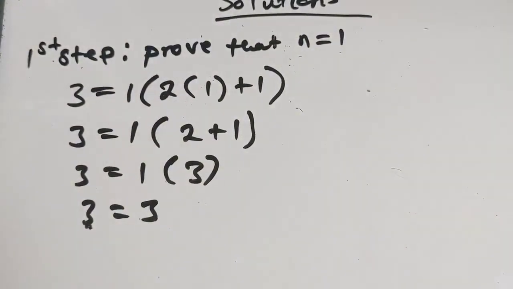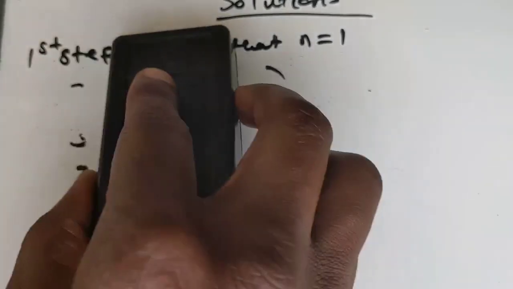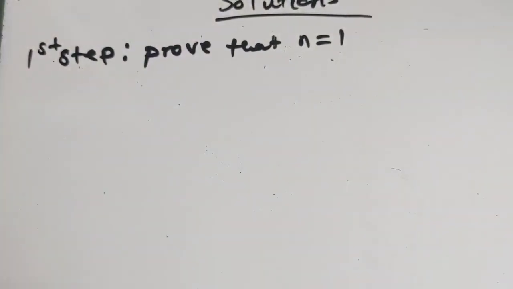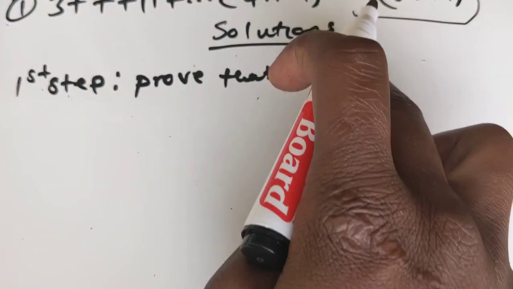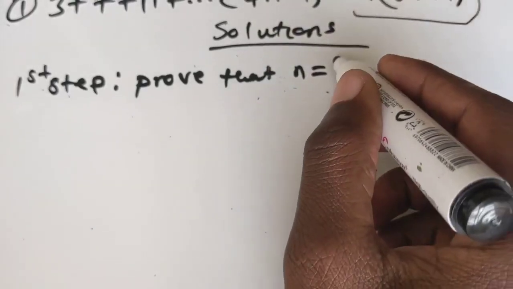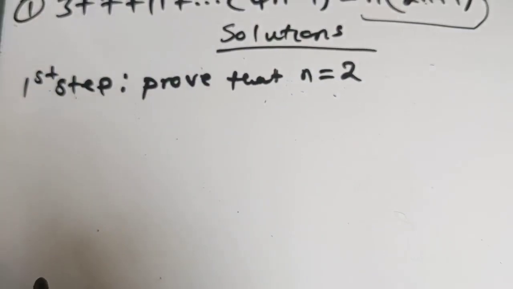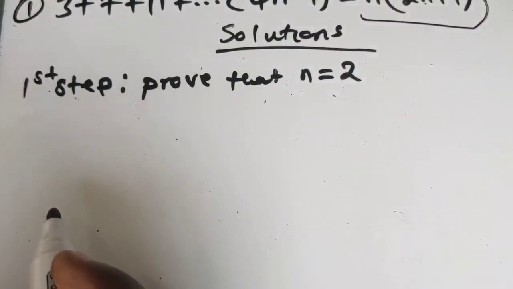Okay, so let's try to prove if we use n is equal to 2, if it's going to be true. You can just prove using one term, but we just want to see if n is equal to 2, it will be correct as well.